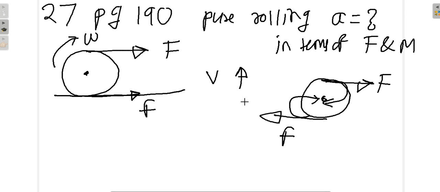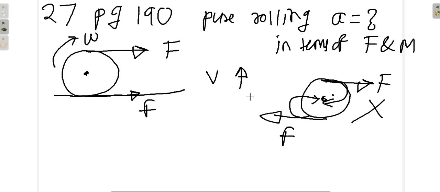So the value of omega will continuously go on increasing. However, look at the value of V. This F and this F are opposite. So this frictional force will oppose the applied force, and that may decrease the value of V. And therefore, this particular situation is not possible. This is the possible situation.